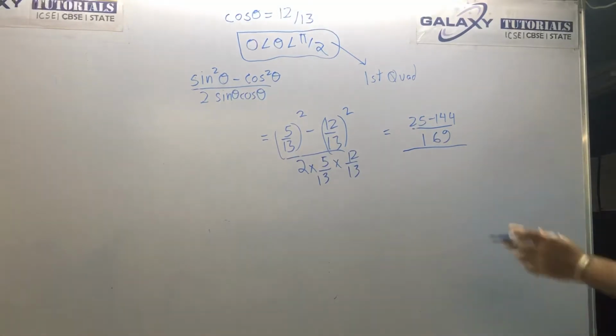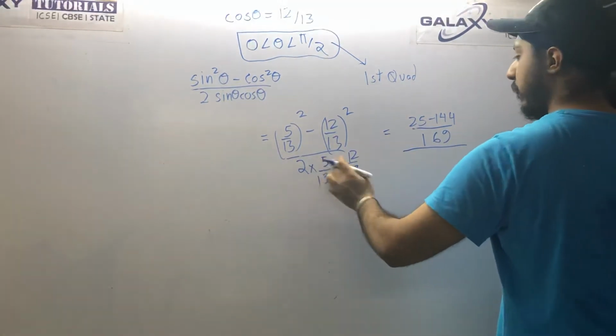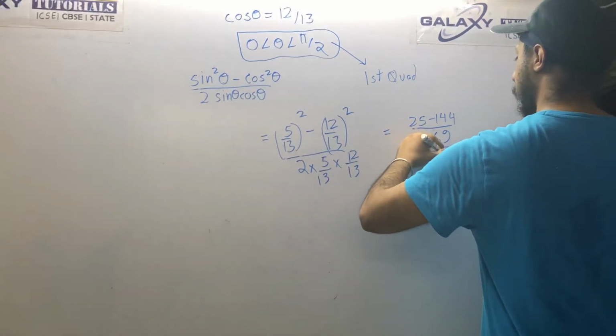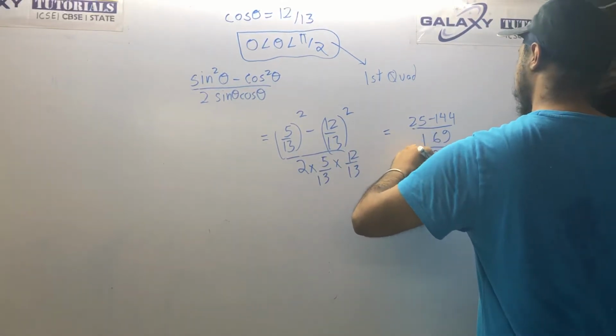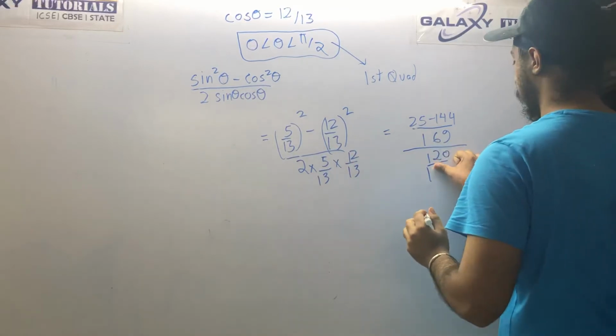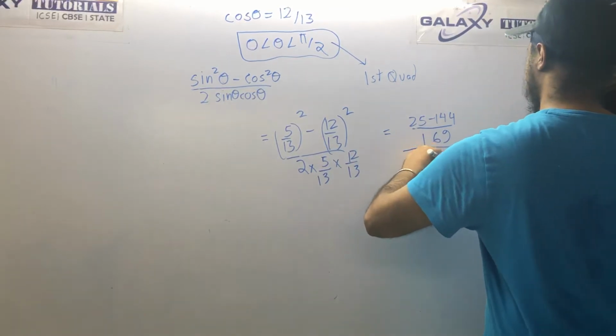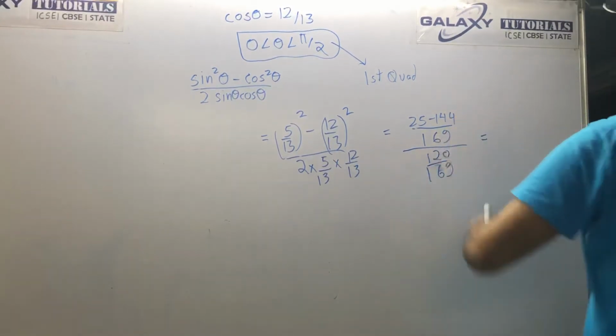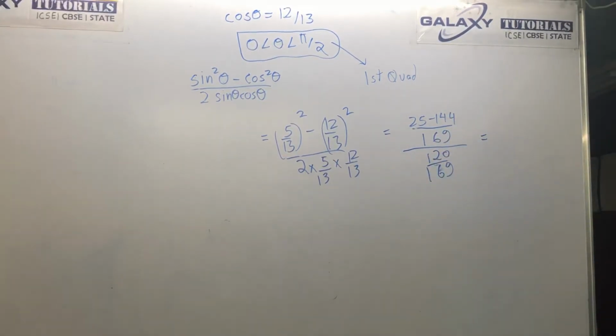Here I can write 2 into 5 is 10, 10 into 12 is 120. So you can write this 144. 25 minus 144 is how much?